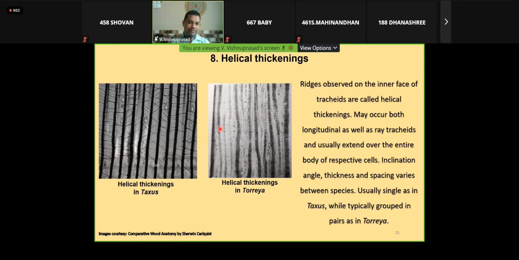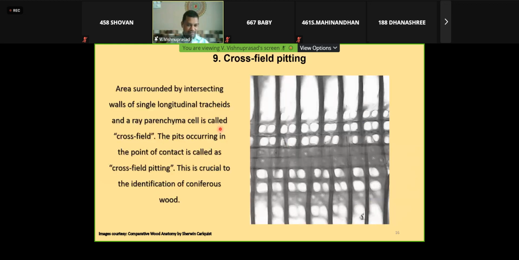Okay. Then, since we are talking about softwood, there are a few features which are extremely important for a softwood, and these are sure shot giving you an idea about the genera which is present. This is one of them: cross-field pitting. Now, cross-field pitting, what does it mean? In an RLS, it is very clearly seen.